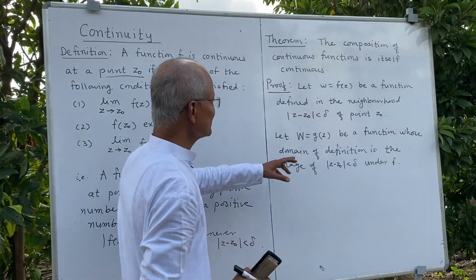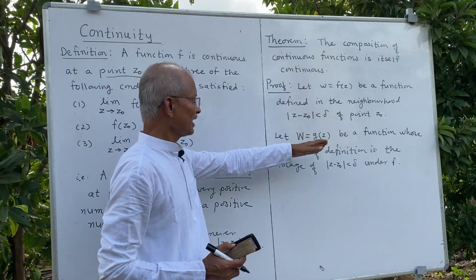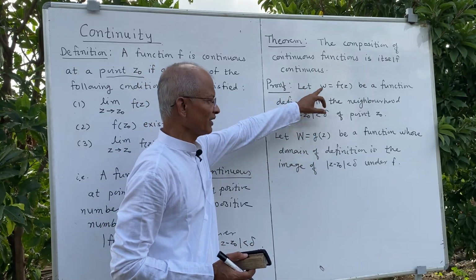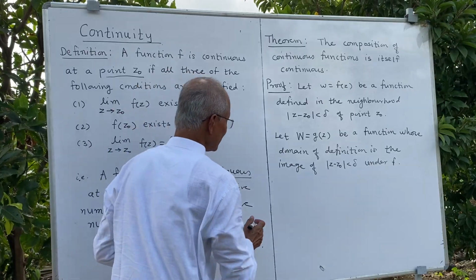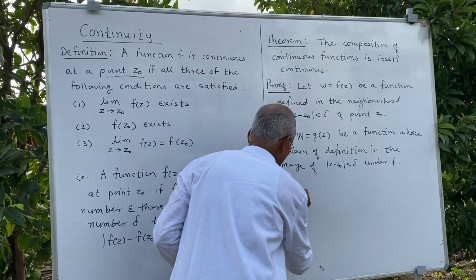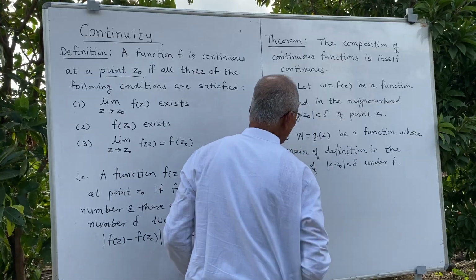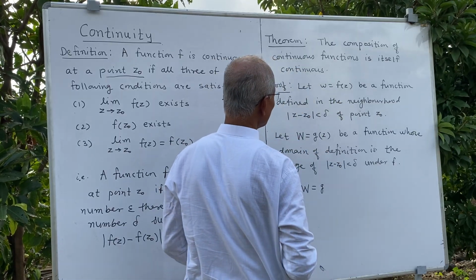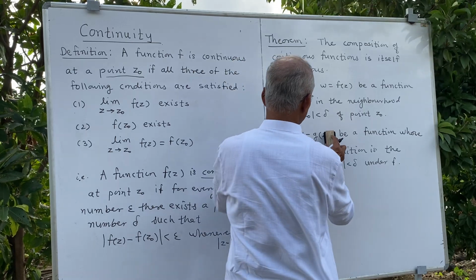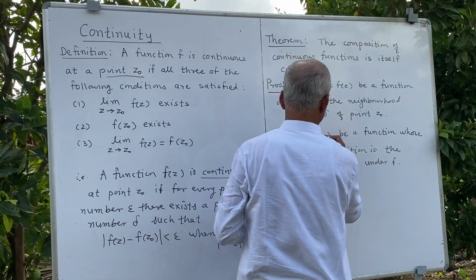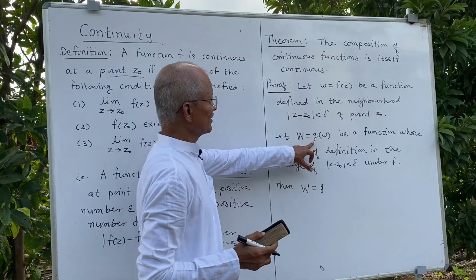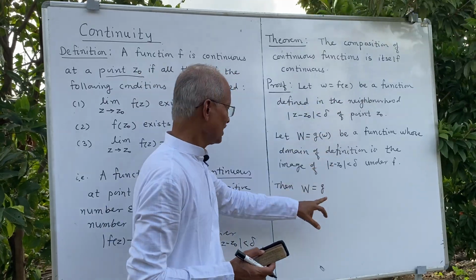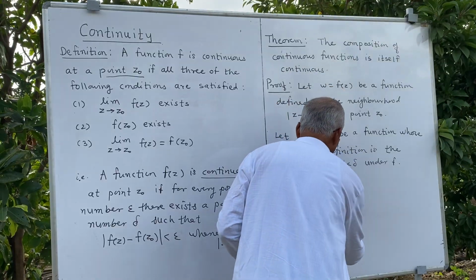In this way we have considered two functions, first f and then g. The domain of g is the image under f, and thus capital W is equal to g of f of z.